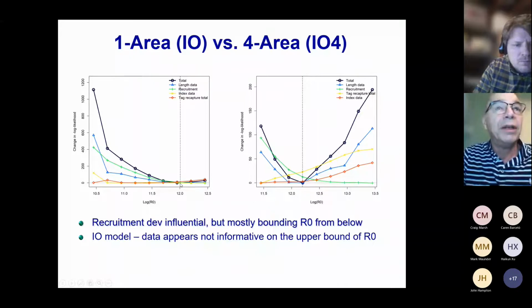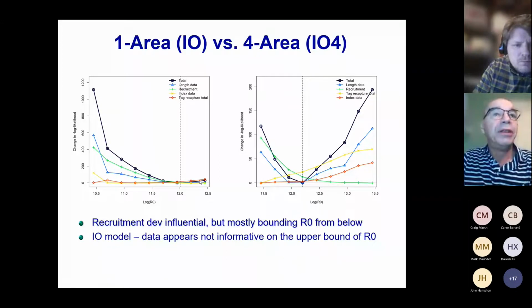And it's the tag data that is tending to push things to the right, whereas the length data and the recruitment trend. Now we asked, why is it that we end up with such a large recruitment penalty showing up here in the R0 profile?